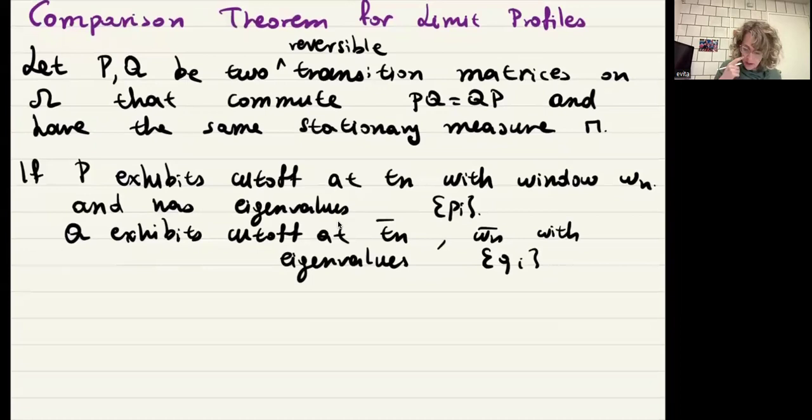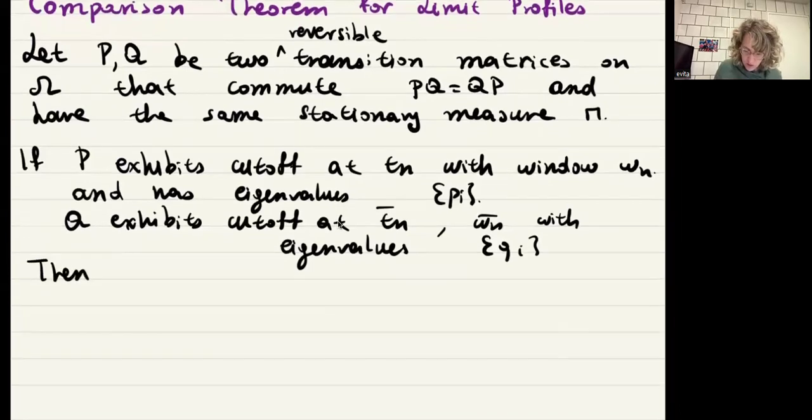Then here is the inequality that gives us the same behavior.